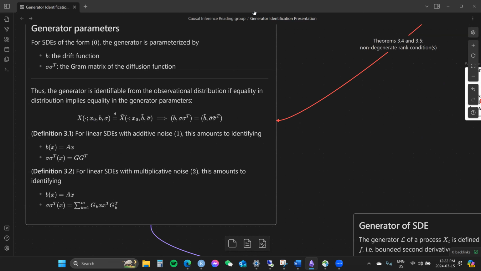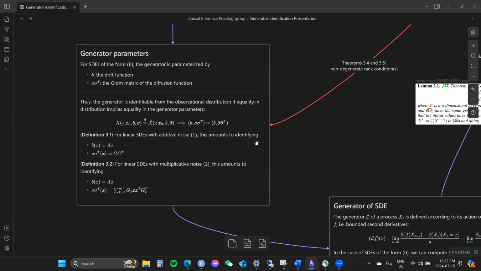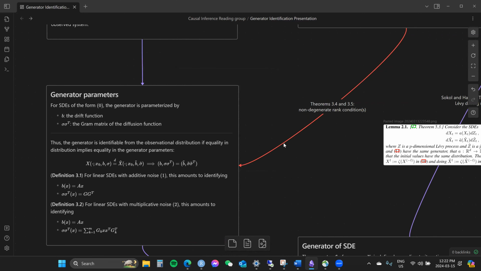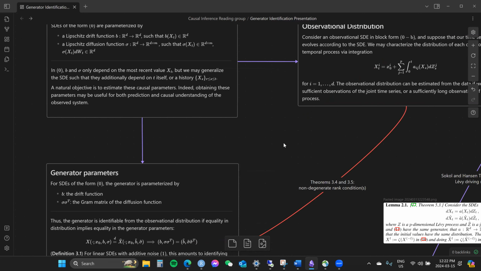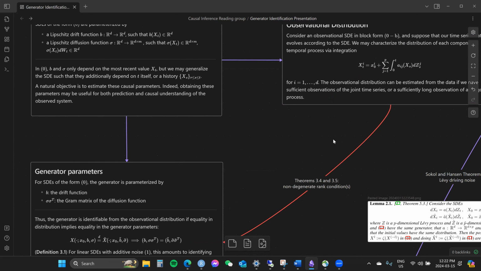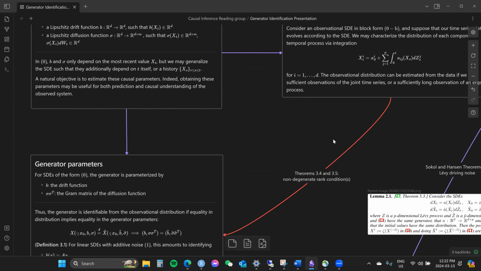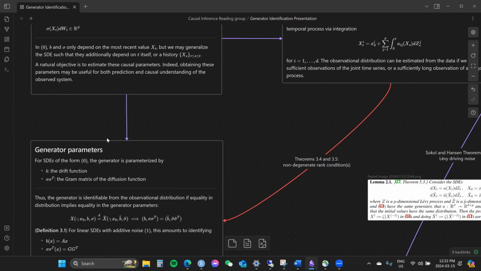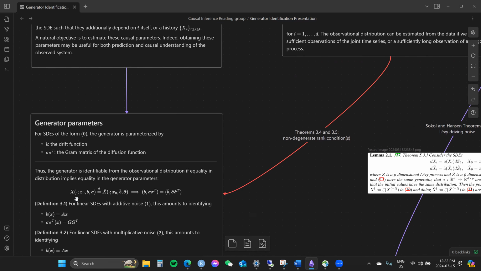So this is why the parameters will give you the generator, but there's just a very slight distinction because of how covariance scales. So the task in this paper is, how can you get from the observational distribution to the generator? And equivalently, because the generator is defined by its parameters, how can you recover B and sigma transpose?